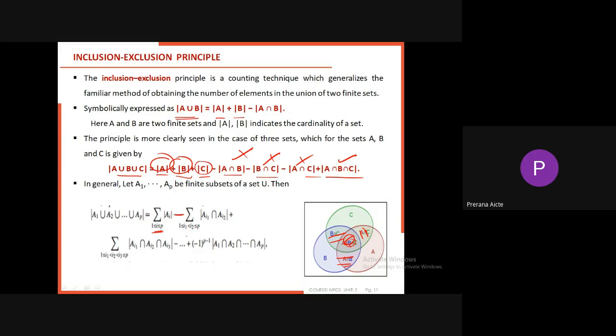Here I1 I2, that is two sets combined, again from 1 to p. So with two sets we'll get minus. Again for three sets it is plus as usual. Next for four sets we'll get minus. Like that, we alternately get plus and minus, so we can easily remember it for any number of sets. So this is the inclusion and exclusion principle.